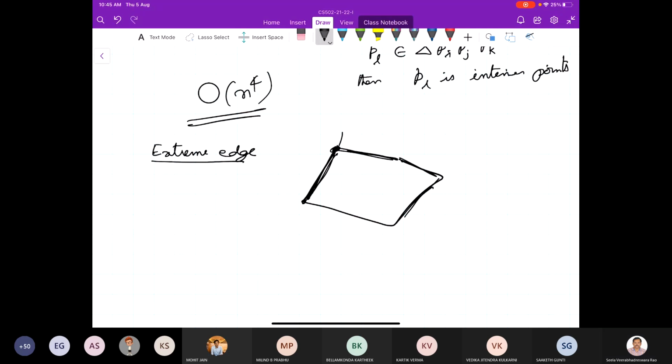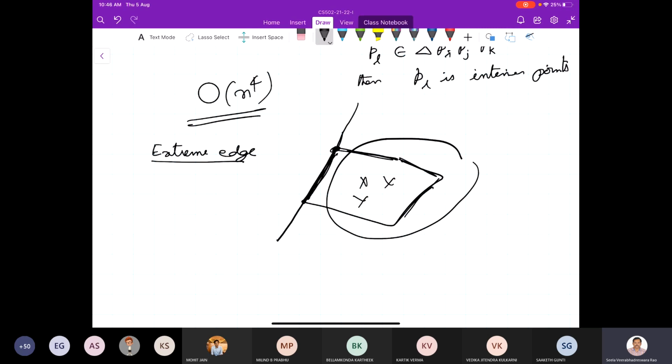How can we identify them? Consider a line passing through this particular edge. All the points should be on one side of this one.